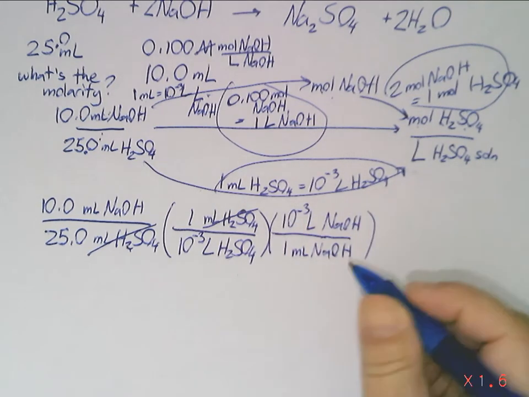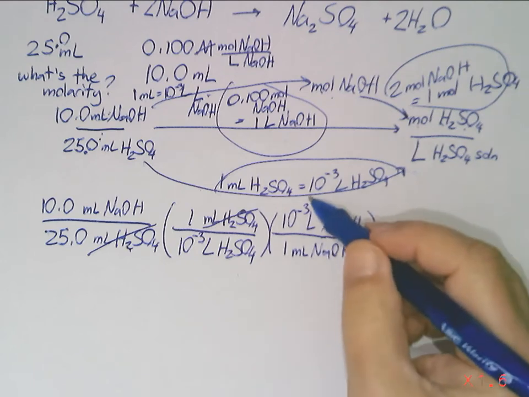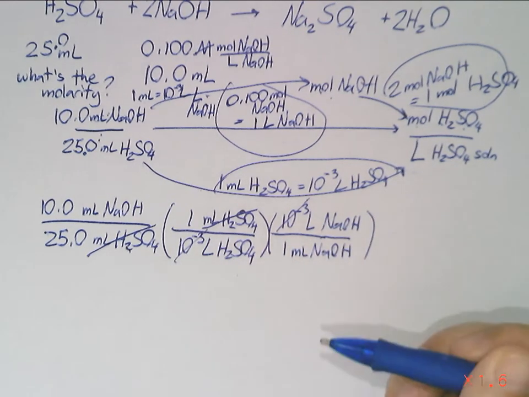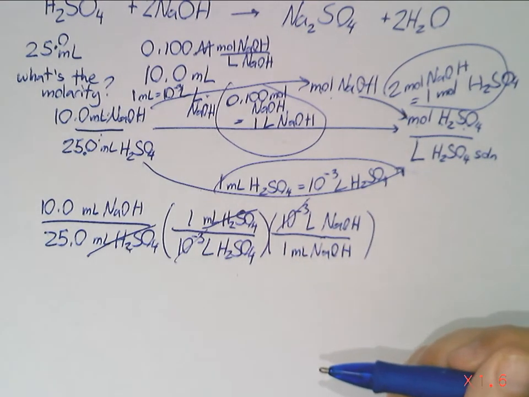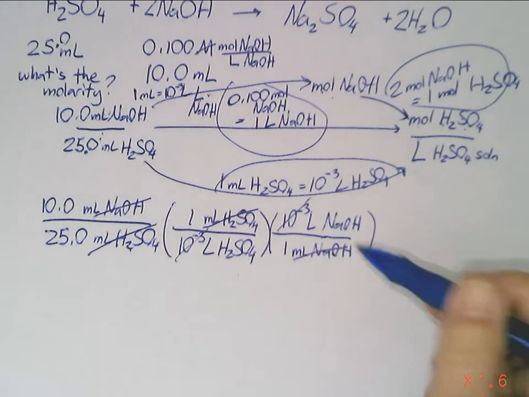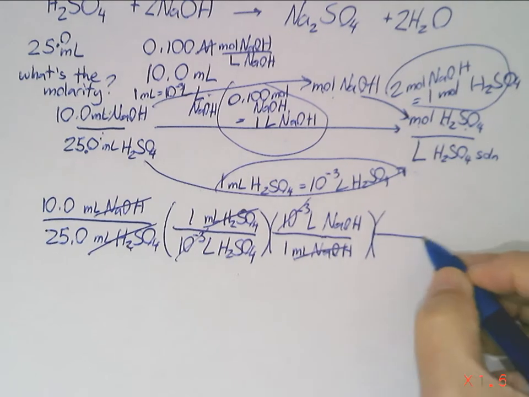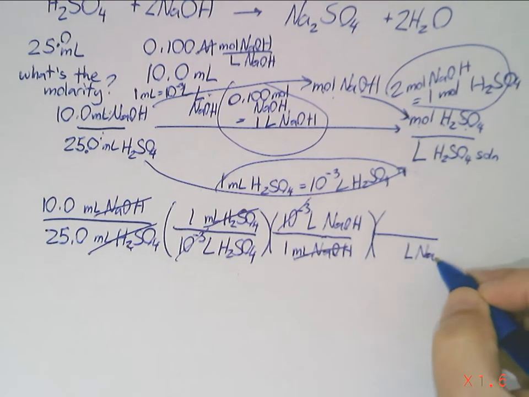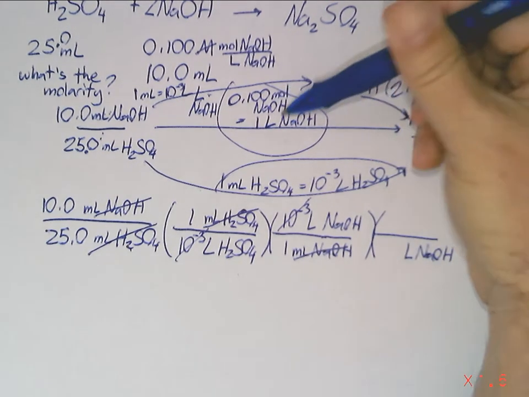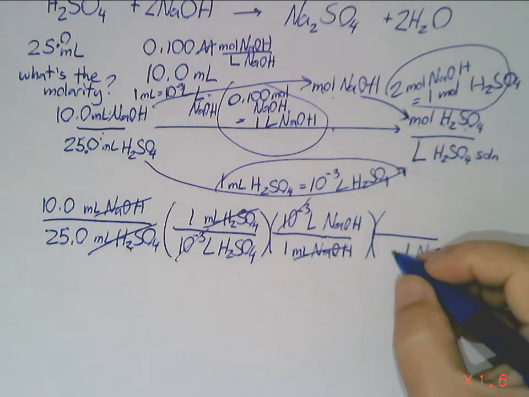Now notice right away that setting it up like this saves me some work in the long run, because there's a 10 to the minus 3 on top and a 10 to the minus 3 on bottom. And those are going to cancel, so I don't ever have to key them into my calculator. So now I have liters of sodium hydroxide at this point. I want to get rid of that. And we worked out that the next thing to do is go from liters to moles using the molarity.